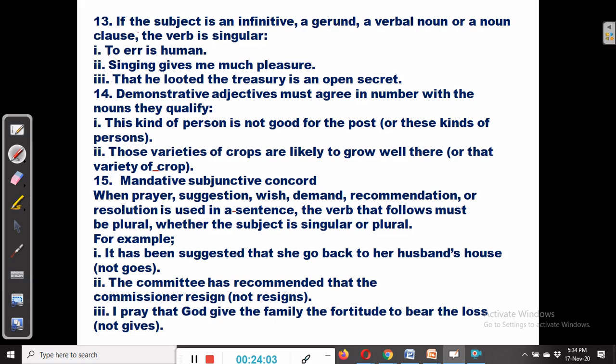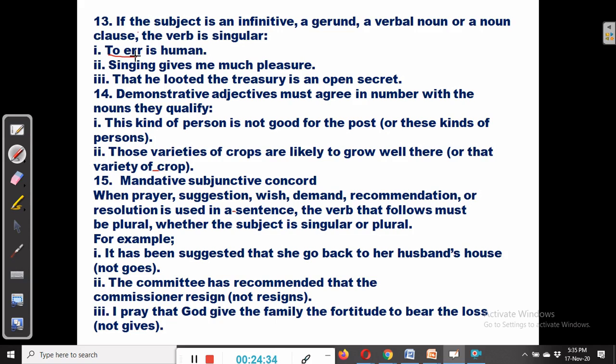Now "to err" here has become an infinitive. This is an infinitive which has been nominalized. Ordinarily, "err" is a verb, but when we add the preposition "to", we turn it into a noun, and that is what we call nominalization, the act of converting a verb or an adjective into a noun.